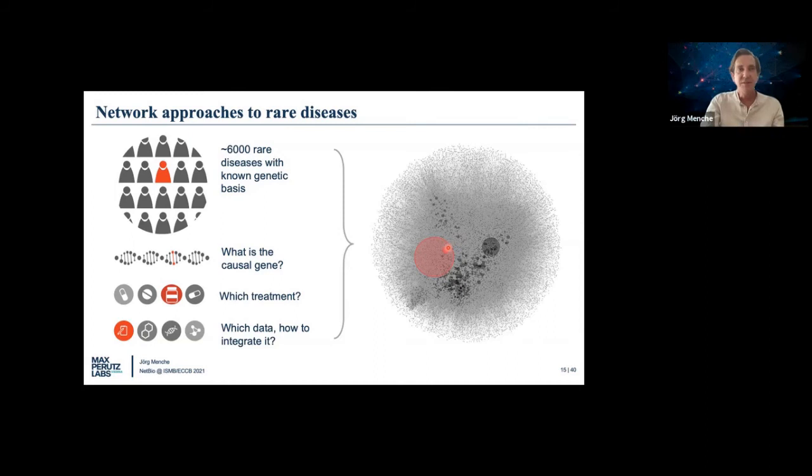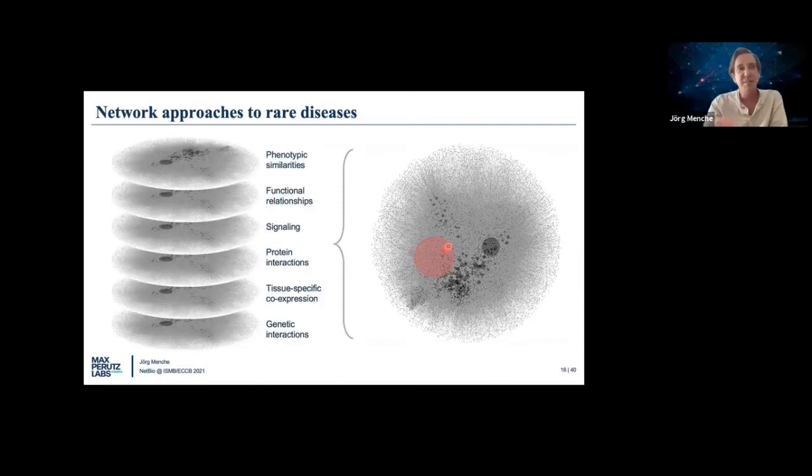Now, a second thing we're also exploring in this area is, since rare diseases very typically manifest at different levels of organization, so you may have signaling defects within the cell, or you may have very specific cellular phenotypes, let's say in immune-associated diseases, all the way to tissue-specific manifestation.